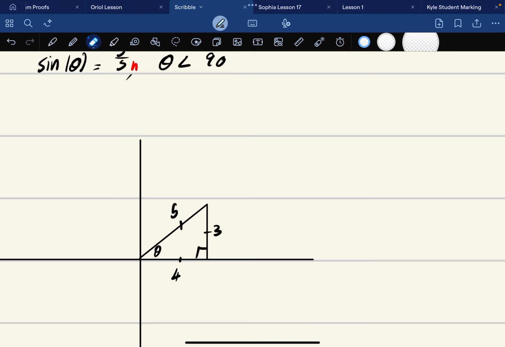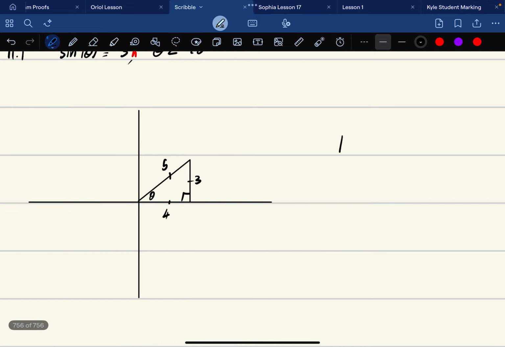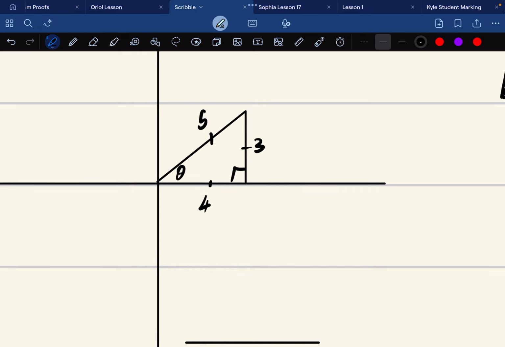Next, it says find, without the use of a calculator, tan theta, cos theta, and tan theta times sine theta. So first, B, I. What is tan theta? Tan is opposite over adjacent, which is opposite 3 over adjacent, which is 4.